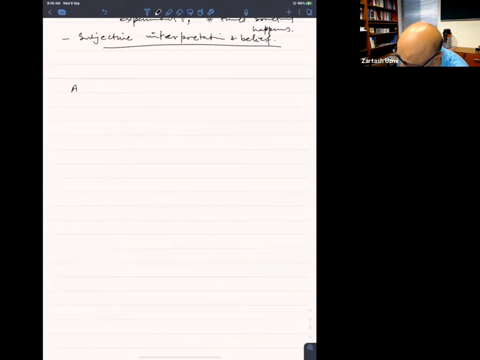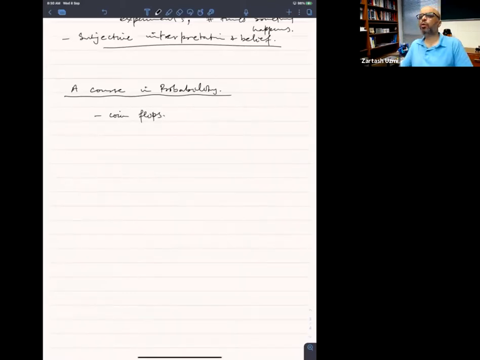So if you look at any course in probability, so the course will be talking about, a lot of time, if you have taken a course in probability, you might recall that you will be talking about coin flips. एक coin flip किया या 2 coin flip किए या 5 coin flip किए, कितने tails आ गए, कितने heads आ गए.